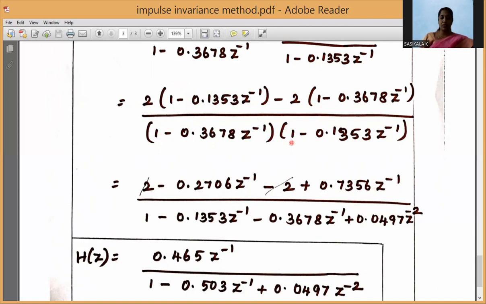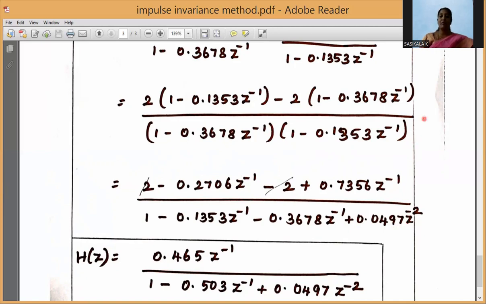Divided by 1 into 1, minus 0.1353 z inverse into 1 is minus 0.1353 z inverse, and again minus 0.3678 z inverse into 1 is minus 0.3678 z inverse. Then minus into minus is plus, 0.3678 z power minus 1 and 0.1353 z power minus 1. When you multiply these two terms, you will be getting plus 0.0497 z power minus 1 into z power minus 1.